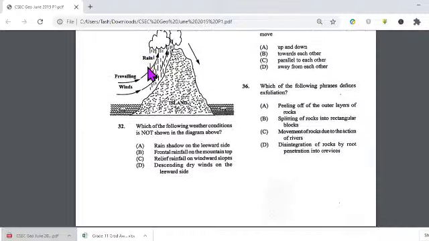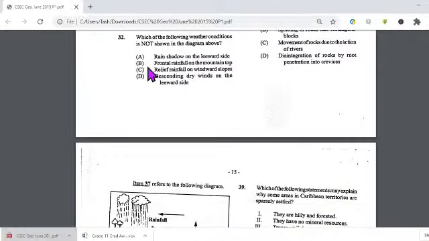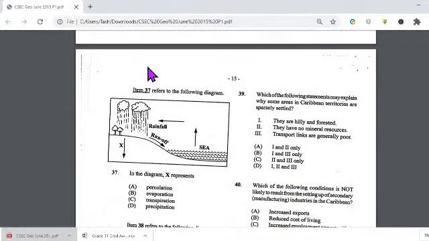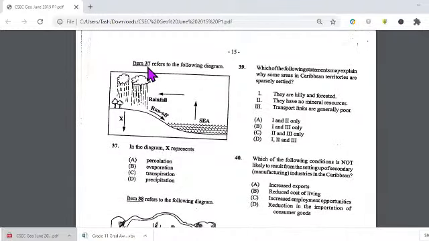No idea. So 37. Item 37 refers to the following diagram, and we have seen this one quite a few times as well. In the diagram, X represents A, percolation, B, evaporation, C, transpiration, or D, precipitation.